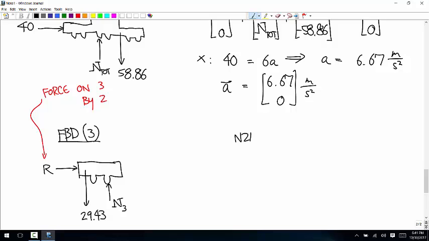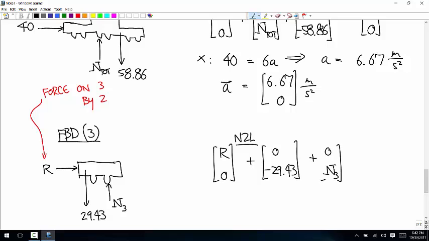And so Newton's second law says, okay, the way I have this drawn, that's a pushing contact force, so it has to be toward the chosen body. That's in the positive x direction, so I'm going to write that as R, 0. And then plus 0, negative 29.43, plus 0, N3, is equal to 3 times the acceleration vector that we just calculated before.